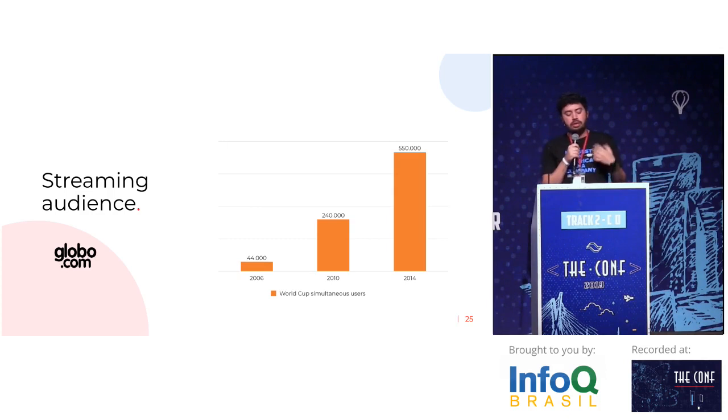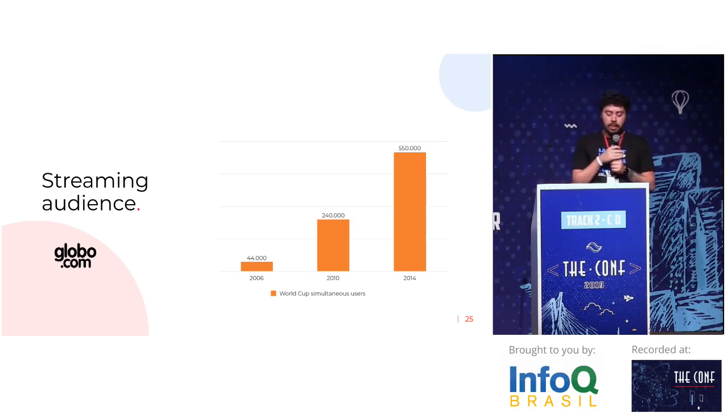So in 2018 we were working a lot to provide more resilience, because we knew that the traffic was growing exponentially because of smartphones, because of smart TVs, and because of internet access growing a lot.